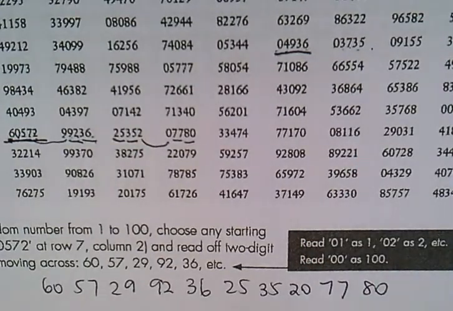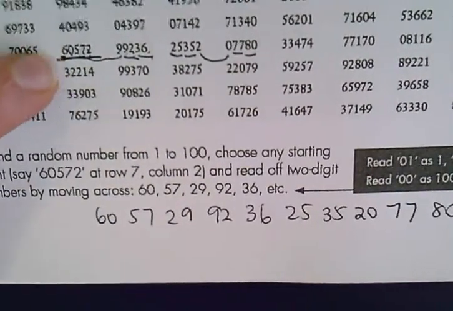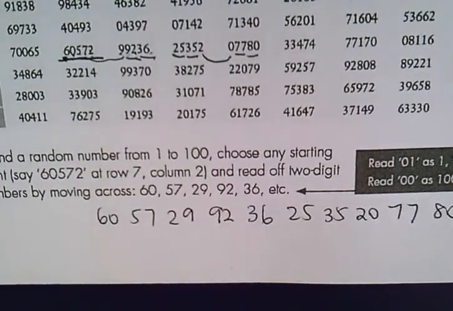If you want a number between 1 and 100, you'd have to read off 2 digits at a time. You see? If you want a number between 1 and 10, you just read off 1 digit at a time. Okay? So I did some random numbers starting from there. A number between 1 and 100, you choose 2 digits, because 2-digit numbers are less than 100.